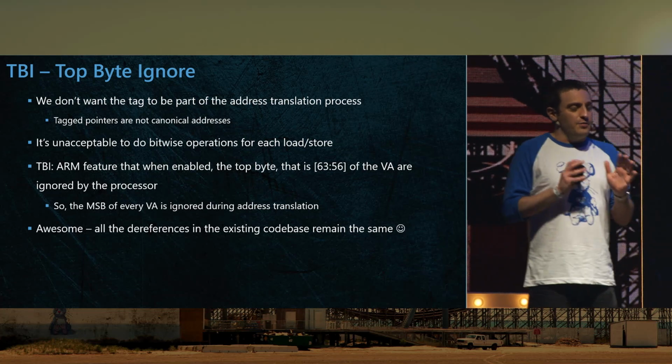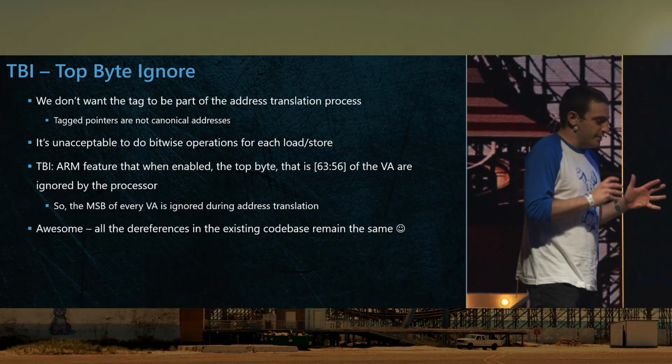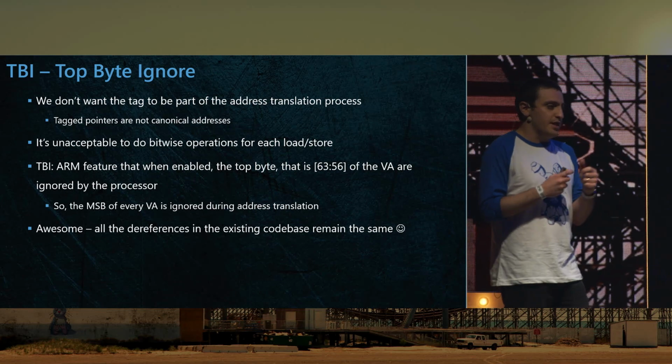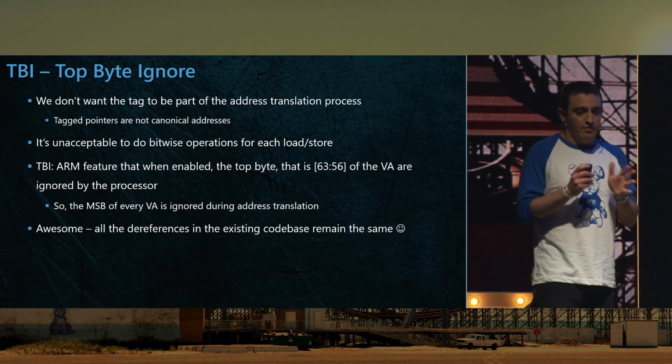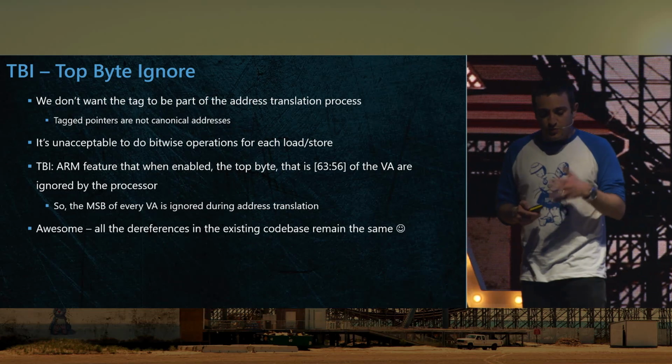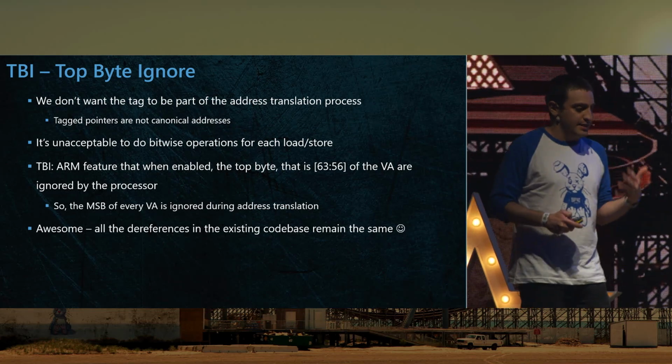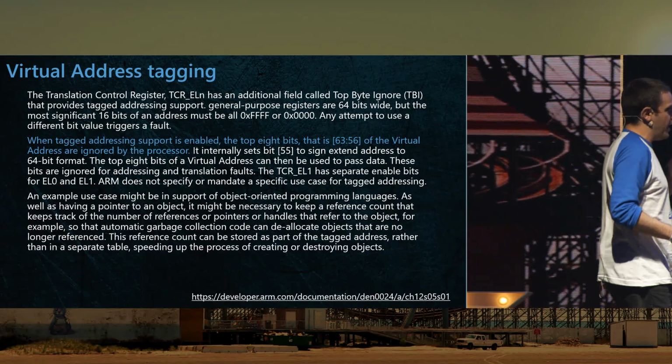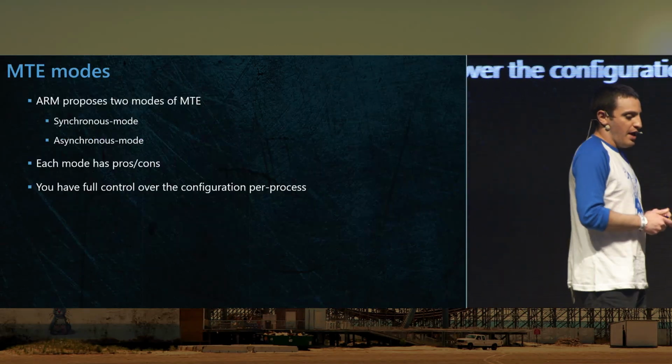This feature does exactly what its name suggests. When you enable it, the CPU just ignores the most significant byte in every pointer. This is exactly what we need, because it means that the tags won't be taken into account in the address translation process. This is from the ARM spec. I highly encourage you to check it out if you haven't already.